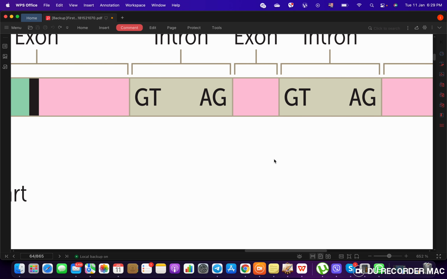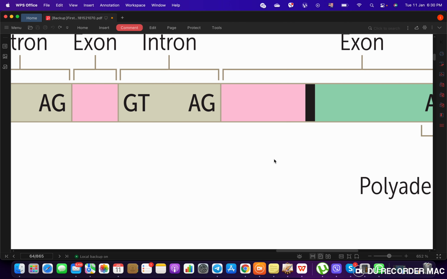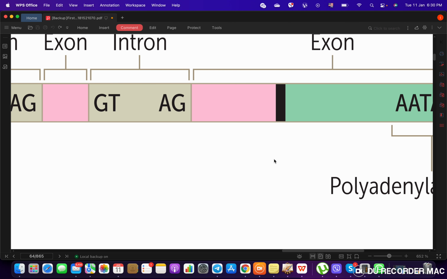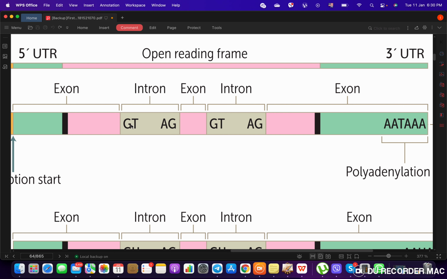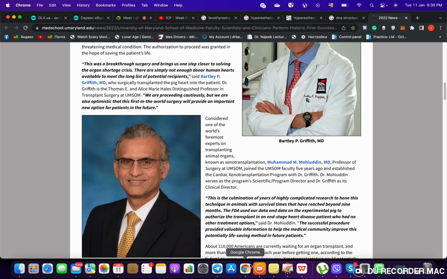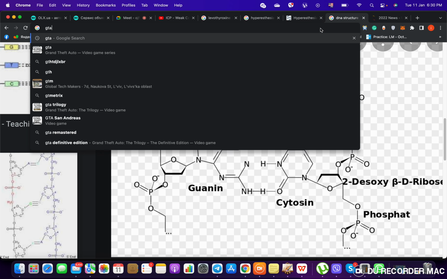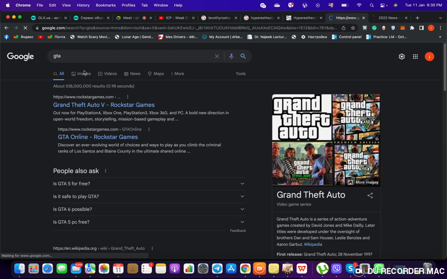So there is a sequence, and I will show you the exact question you will get asked on your boards about it. That sequence goes something like this. It says GTAG. You are like, what? Well, it starts with a GT and ends with an AG. Before I start, I hope all of you know what GTA is.